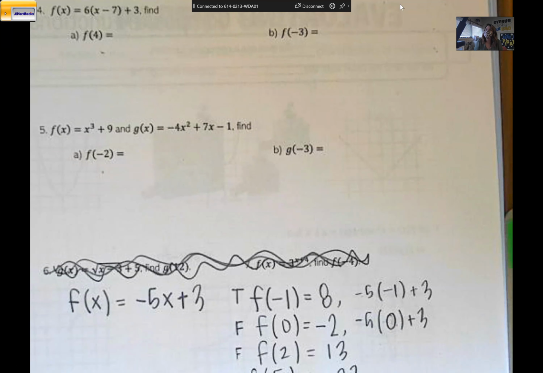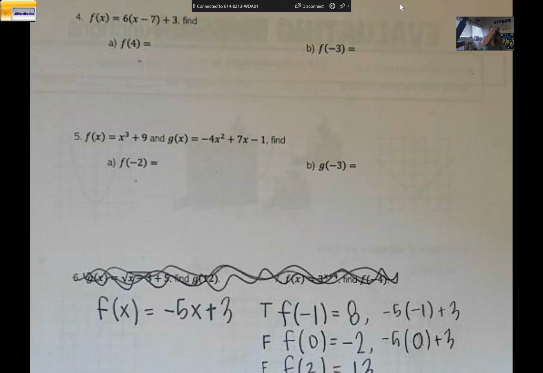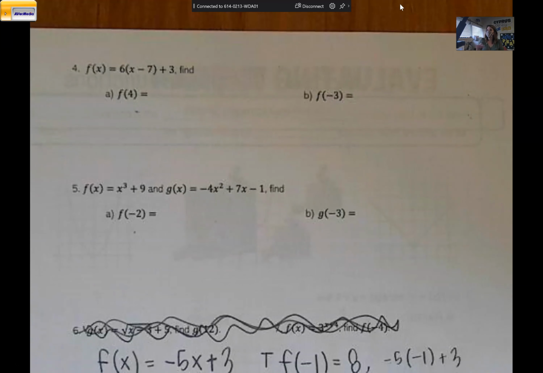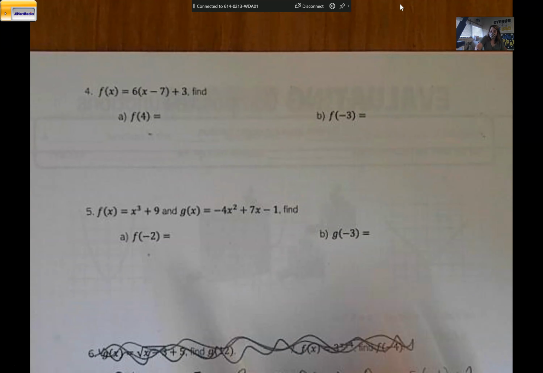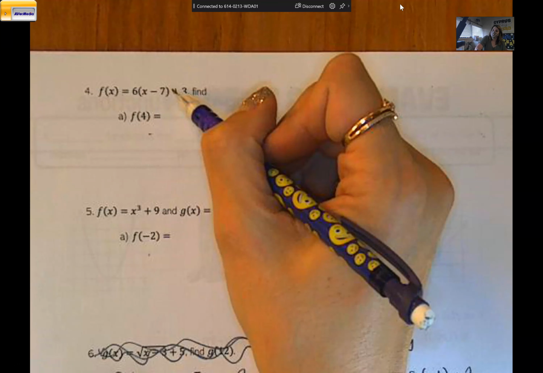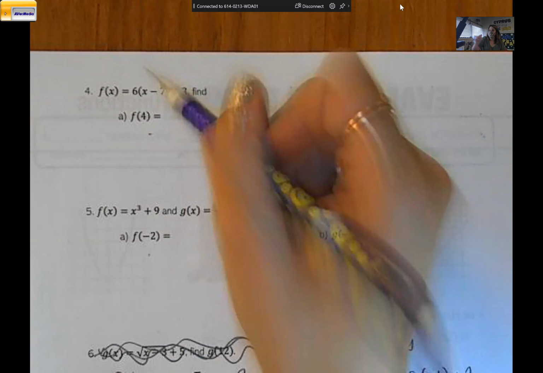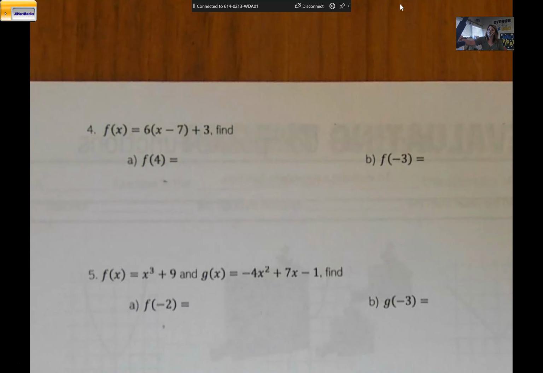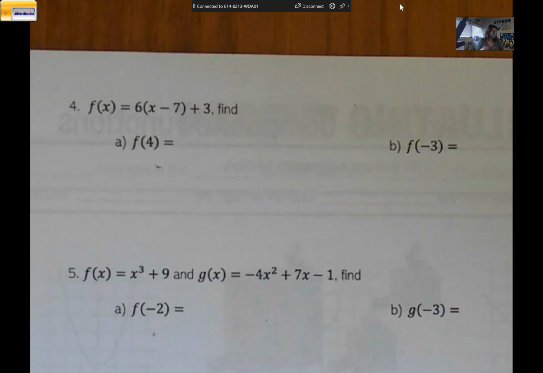Okay, on number 4, we have a handful more of these to do, just so that we can be exposed to all of the different kinds that we will see on the quiz. This one looks a little different because now we have a number that we're multiplying into parentheses. It's going to look weird when I plug this 4 in, but I'm still going to use parentheses.